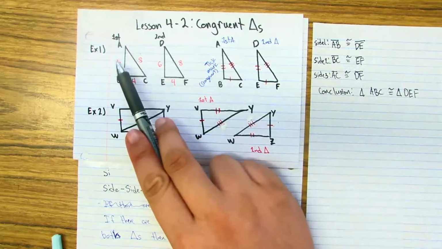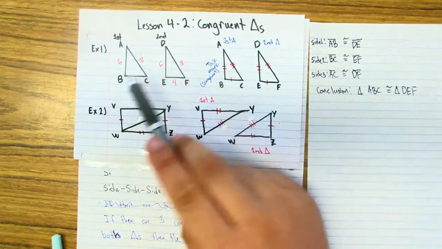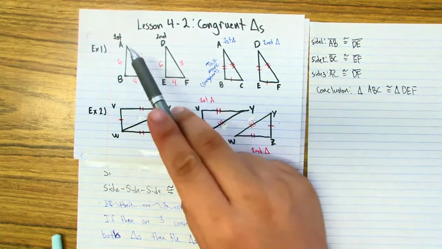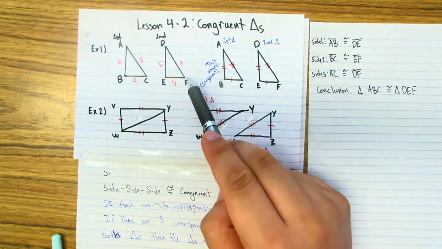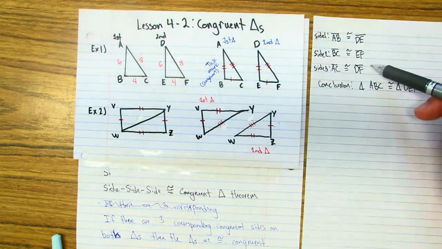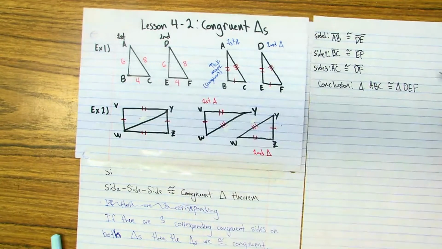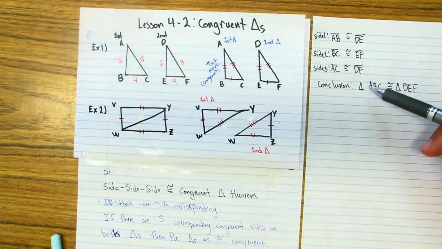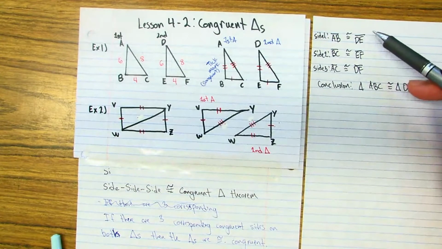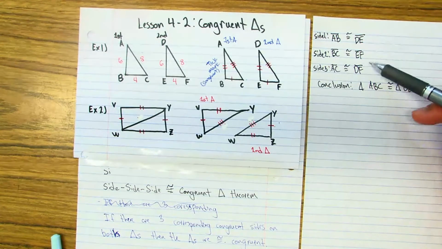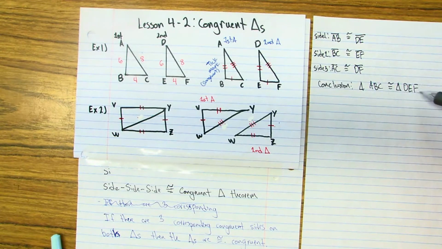They are corresponding: AB is corresponding to DE, BC is corresponding to EF, and AC is corresponding to DF. So we have 3 congruent sides on both triangles, then we can conclude that the triangles are congruent. Based on the theorem, if I know that there are 3 corresponding congruent sides on both triangles, then I conclude that both triangles are congruent.